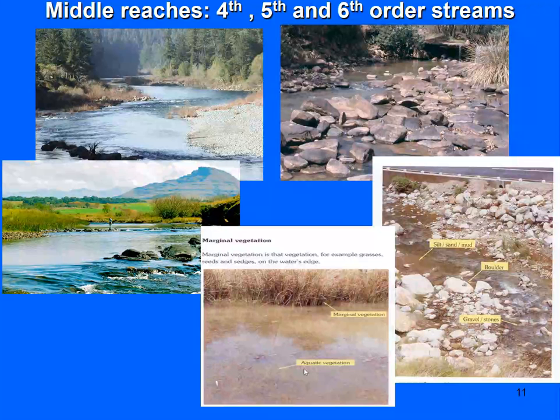So if we go to photosynthesis, what you're first going to see, which you didn't see before, is vegetation in the water. These are called marginal vegetation or macrophytes. I prefer that you remember the word macrophytes. And macrophytes are divided into aquatic and semi-aquatic vegetation. The aquatic vegetation are floating plants that float in the water.